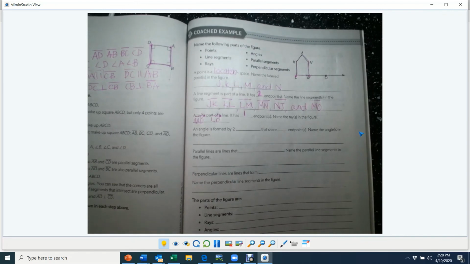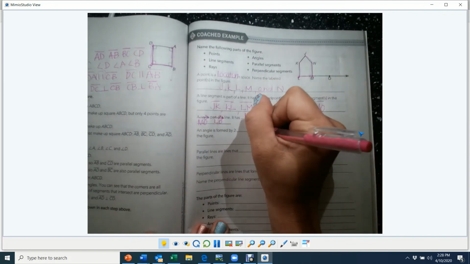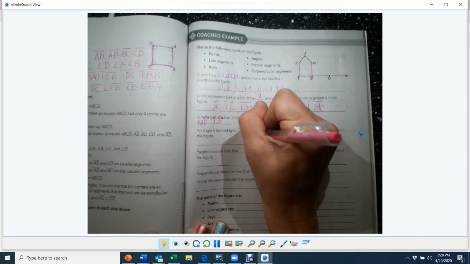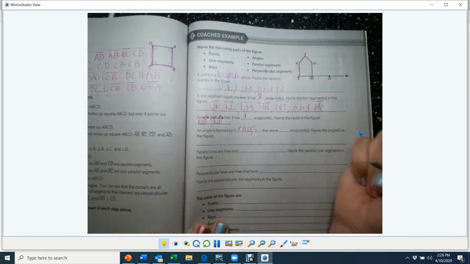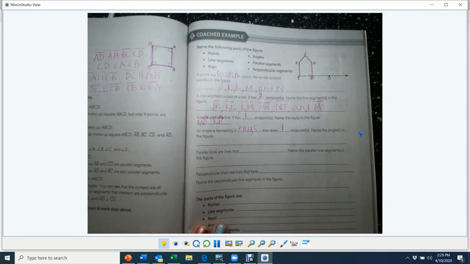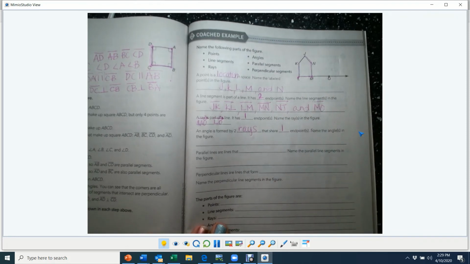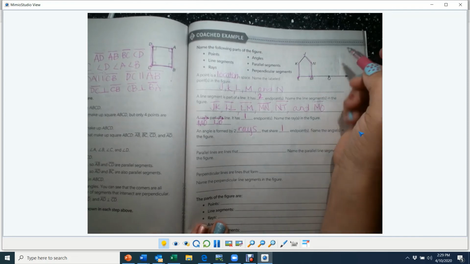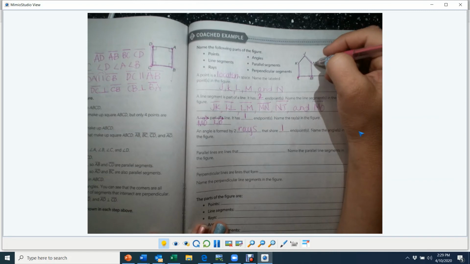An angle is formed by two rays, right? Because when two rays join, they share one endpoint, and that's how they make an angle. Let's just name one of the angles in this, okay? So here is an angle, right?